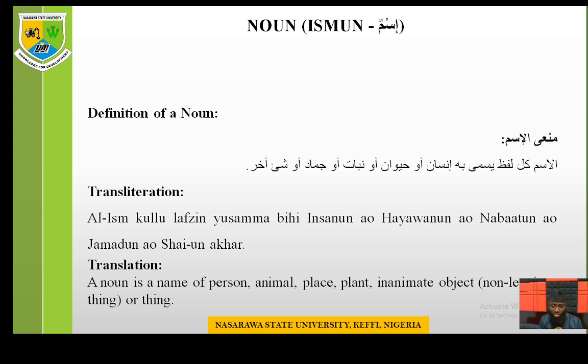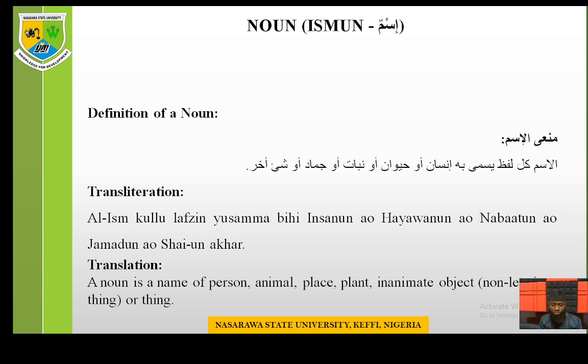Our hayawan is our animals. But there is no place there in the Arabic definition. In Arabic definition, there is no place, but place is part of the noun in Arabic also.